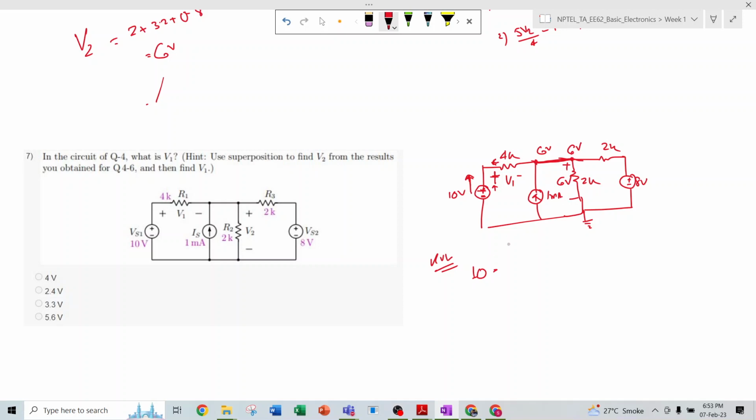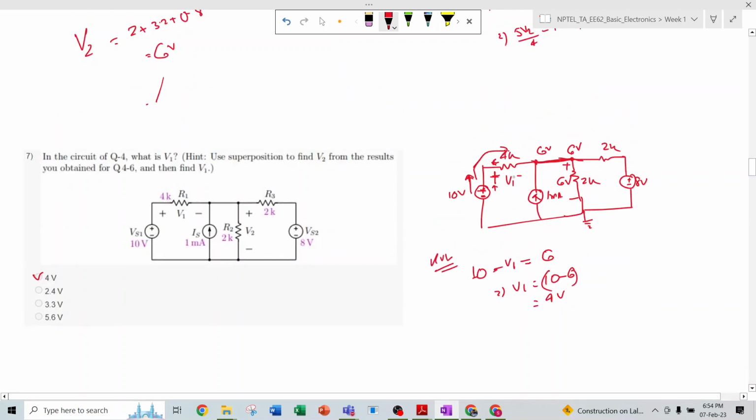So you should put minus V1, because you are moving in this direction, and V1 is a voltage across this direction, so minus V1 equals this volt, that is 6 volt. So V1 is 10 minus 6, that is 4 volt. So here the answer will be 4 volt.